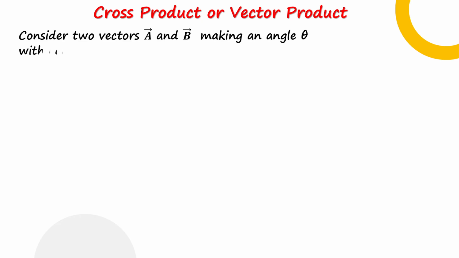Now what is the cross product or vector product? Consider two vectors A and B making an angle theta with each other.